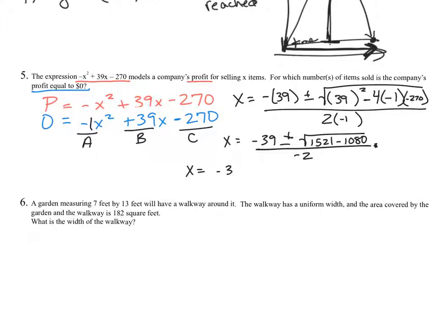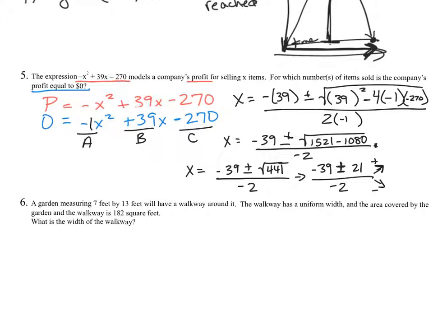So negative 39 plus or minus the square root of 441 all over negative 2, which is negative 39 plus or minus square root of 441 is 21 over negative 2. And then we do our positive solution and our negative solution because we have a positive and negative that we have to do.